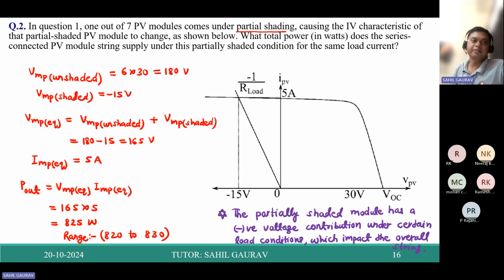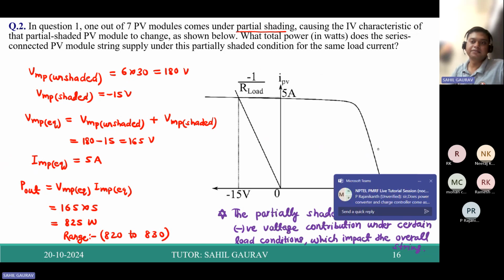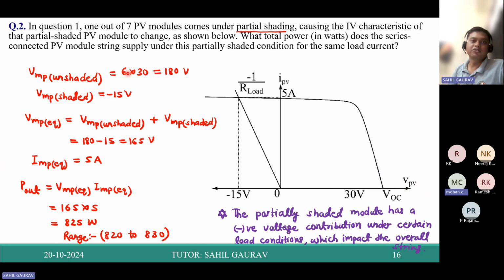For the unshaded part, the maximum power point voltage, since this is a series connection, gets multiplied by the number of modules. It is 6, so it is 180 volt. And for the shaded part, it will be negative. Why negative? Because it has a negative voltage contribution. If the modules are connected in series, it will have a negative voltage contribution. And if the modules are connected in parallel and come under partial shading, then that module has a negative current contribution.